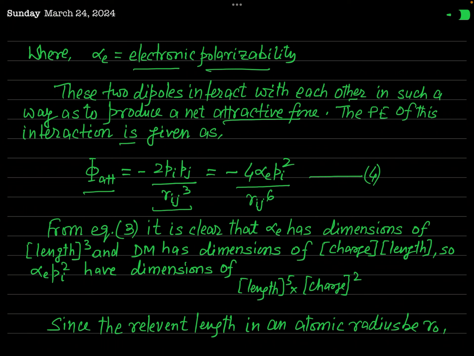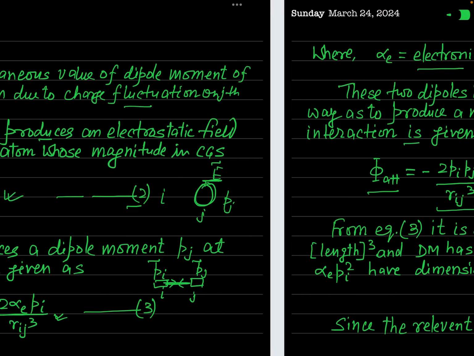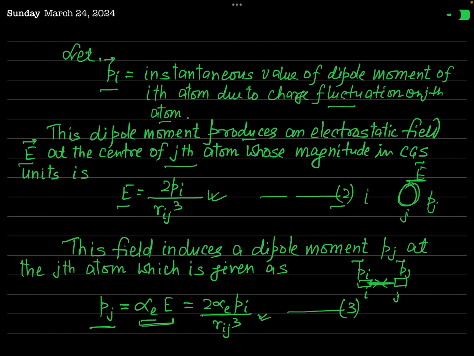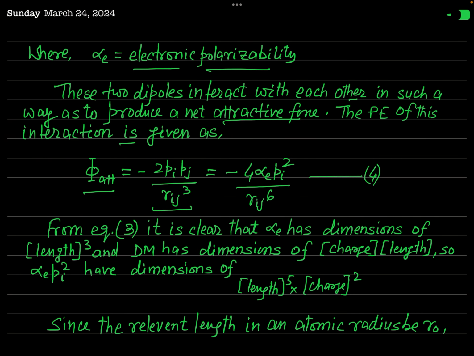So remember it, phi attraction will be equal to minus 2 pi times pj over rij cube. Now let us substitute the value of pj which you have obtained in equation 3 in this equation.